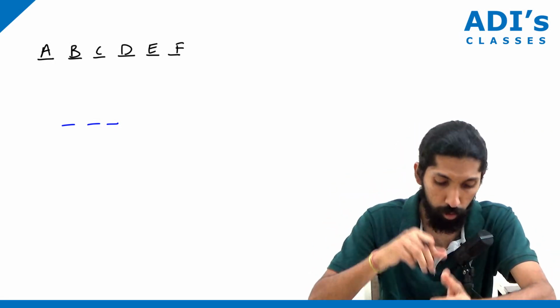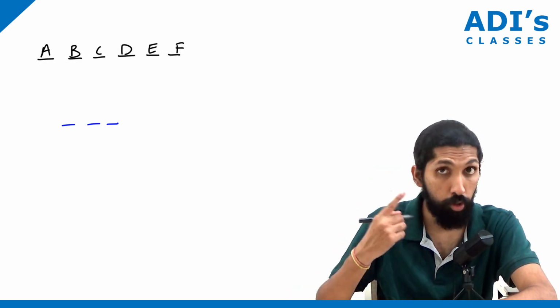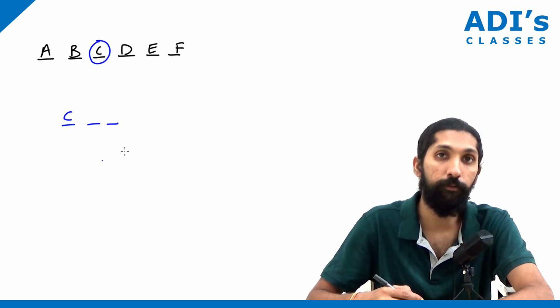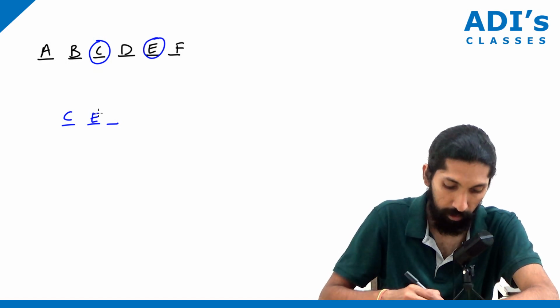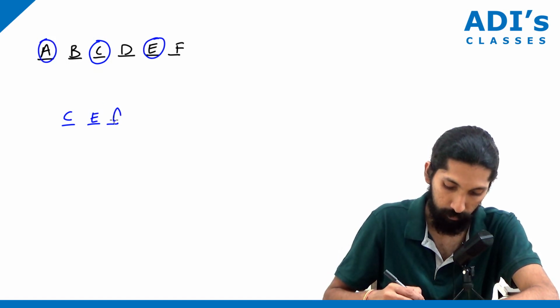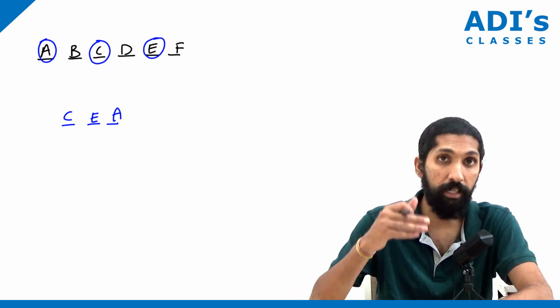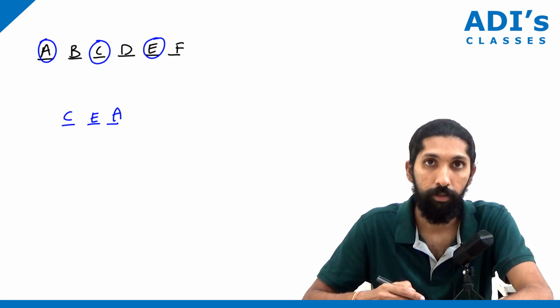The first judge I'm going to choose, let it be C. Then I'm going to choose E, and then A. Imagine these 3 judges of a reality show.